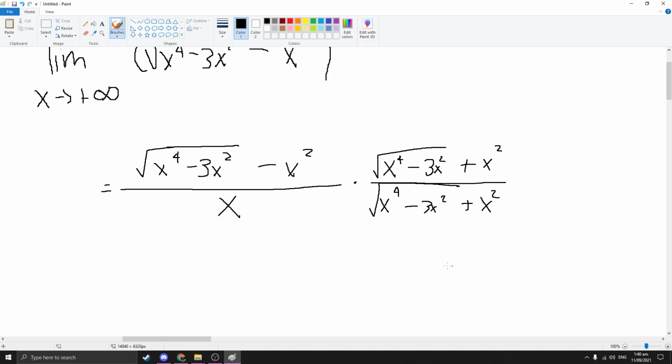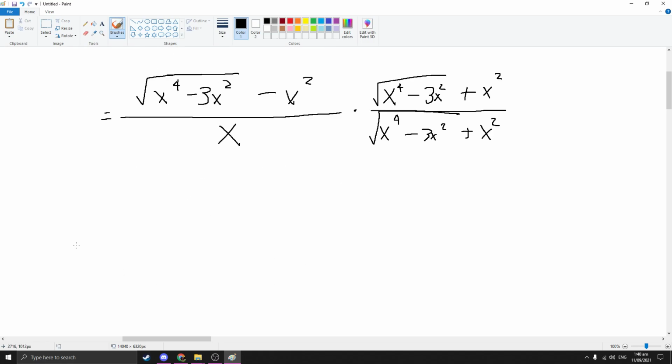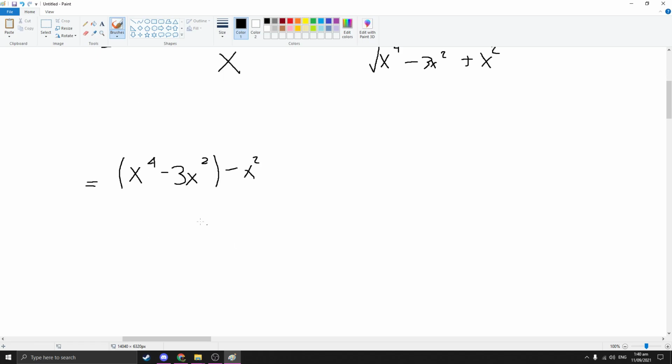So, multiply natin siya. Since radical and radical, maka-cancel siya. So, magiging x minus 3. Ayan. And since naka-radical siya kanina, ipaparenthesis natin siya since separate siya dito sa negative x squared over x.